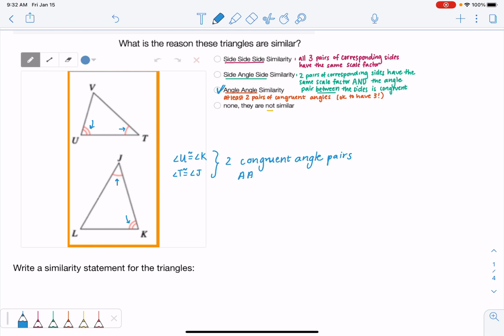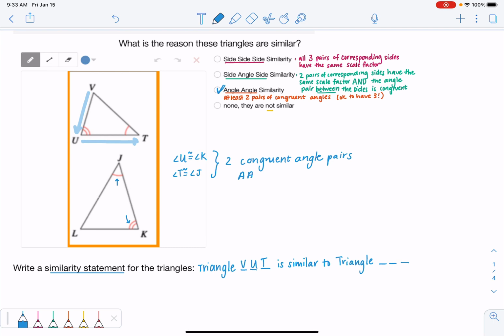Now, since the triangles are similar, we can write a similarity statement. Triangle, three letters. Let's say VUT. Triangle VUT is similar to triangle.